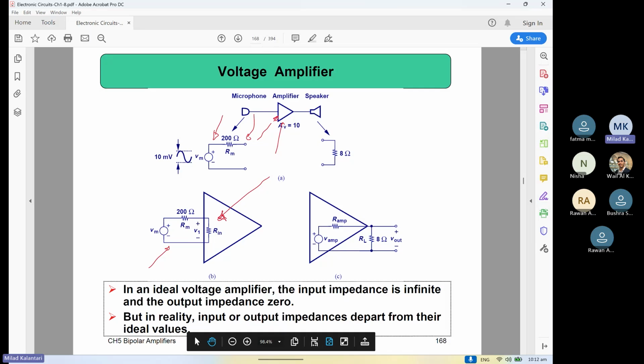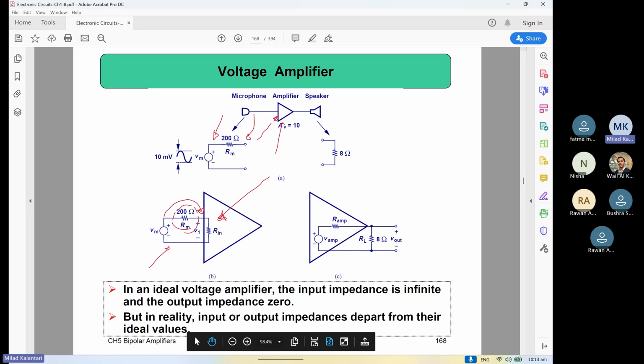So the input impedance of the amplifier is important. What will happen if the Rin is too low? The voltage of the microphone that is supposed to be at the input of the amplifier will drop because of this resistive voltage divider, because the microphone itself is not ideal, it has some internal resistance.